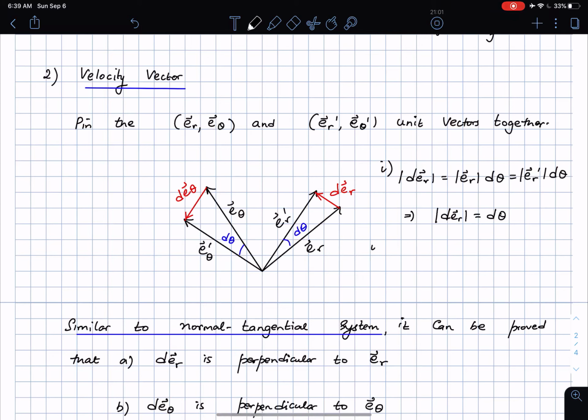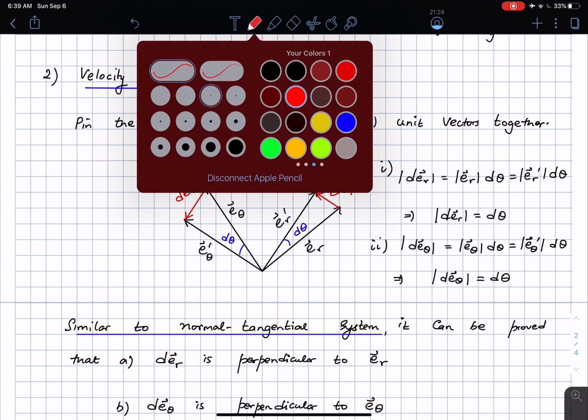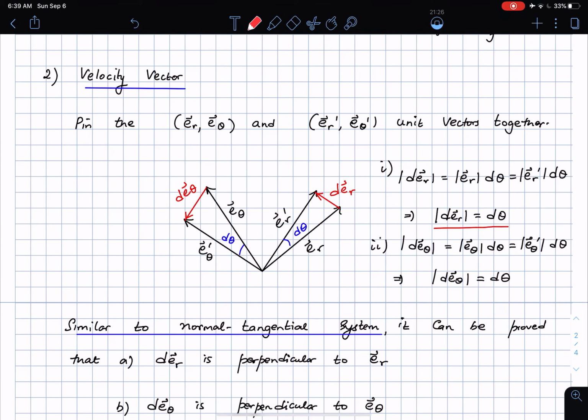Likewise the magnitude of dE theta is E theta times d theta or E theta prime times d theta, which implies that the magnitude of dE theta is equal to d theta as well. So that's an important point that you want to underline here. These are all the magnitudes.